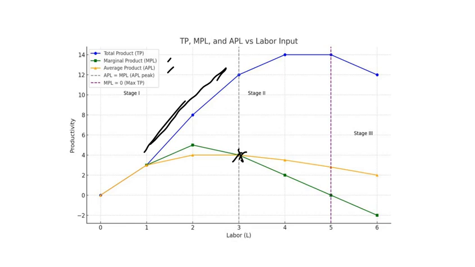Then in the second stage, you can see that TP is still increasing but at a decreasing rate, until the third stage. The third stage happens when MPL is 0. So when MPL is 0, TP starts decreasing.